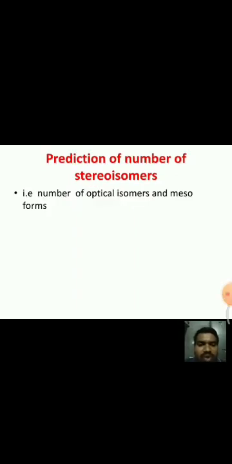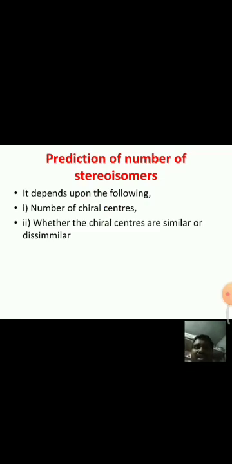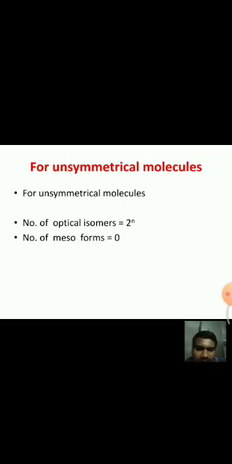And the last topic in this chapter is prediction of the number of stereoisomers. For this, we can use some formulas. The number of stereoisomers means the number of optical isomers and mesoforms. This prediction depends upon the number of chiral centers, and whether the chiral centers are similar or dissimilar.